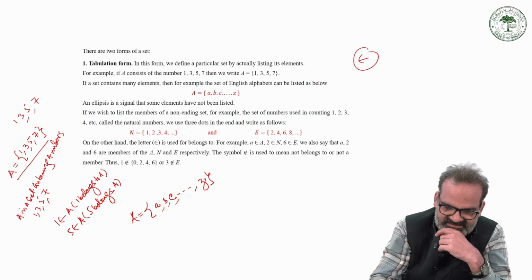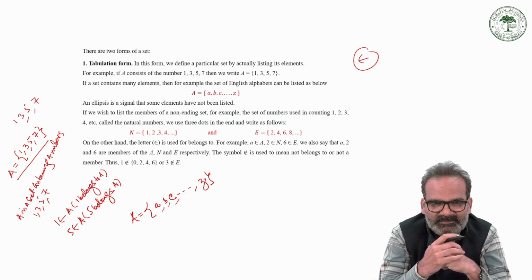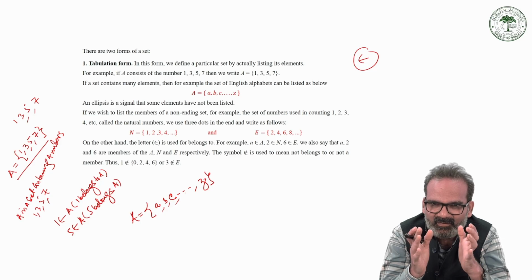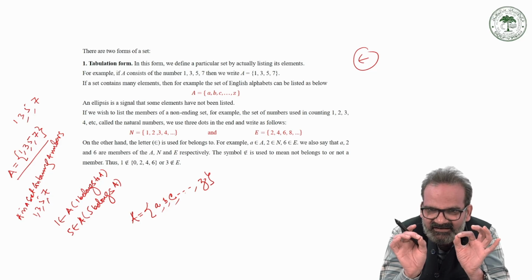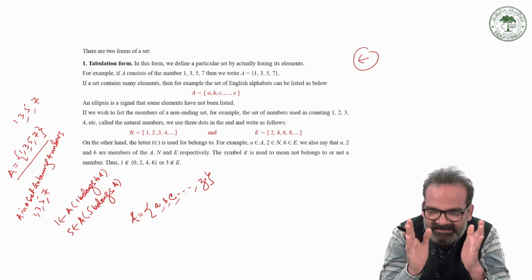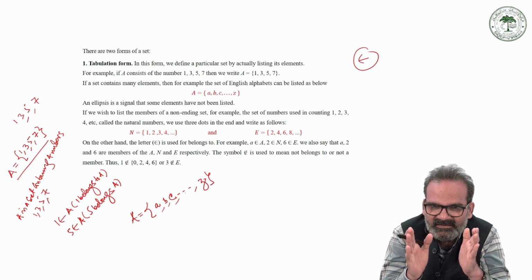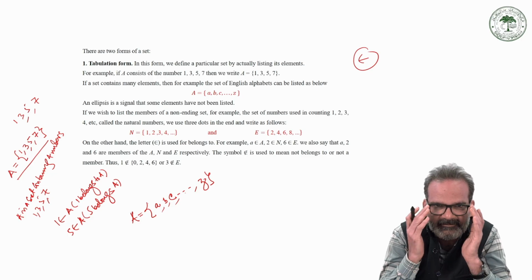The dots, known as an ellipsis, are a signal that some elements have not been listed. These three dots between C and Z show that in this space there are some elements which we don't list, or which we don't write.